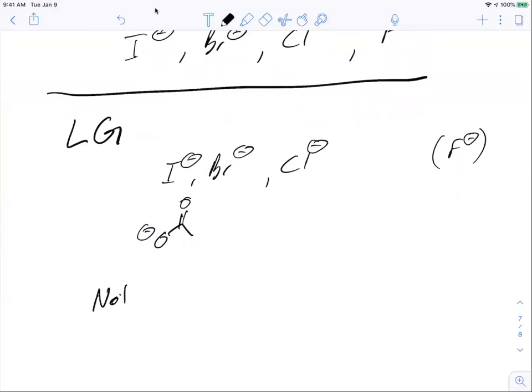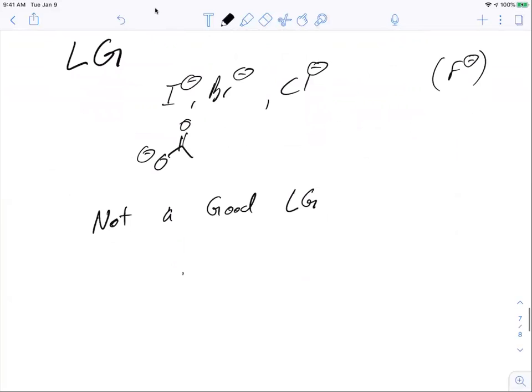What's not a good leaving group is something like a hydroxide. Nitrogen negative and carbon negative.